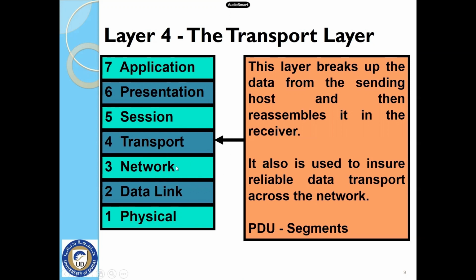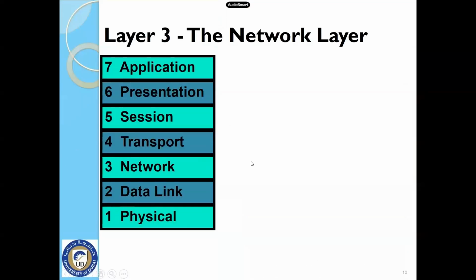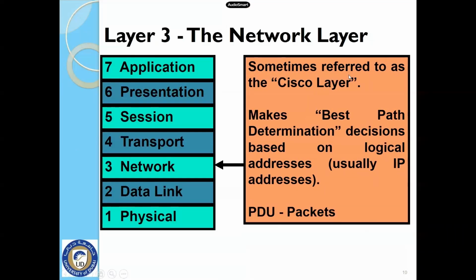Now, this is going to be the job of the network. The network layer is also referred to as the Cisco layer, so keep that in mind. A typical question will be: which layer is known as the Cisco layer? That is the network layer. The network layer makes the best path determination, because there are too many routers and too many paths, there could be hundreds of combinations of paths.